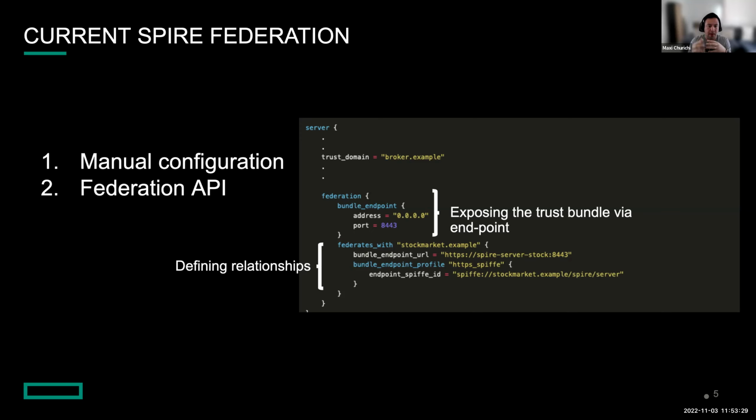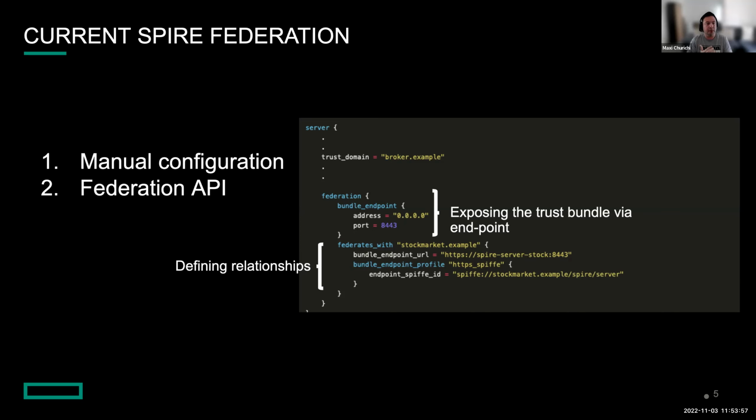And that's how we tell the server to trust the other one. We can have as many federates-with pieces as we want, pointing to different trust domains, different SPIRE servers. This requires configuration changes, and to reload this, you have to restart the server with the new configuration in place.